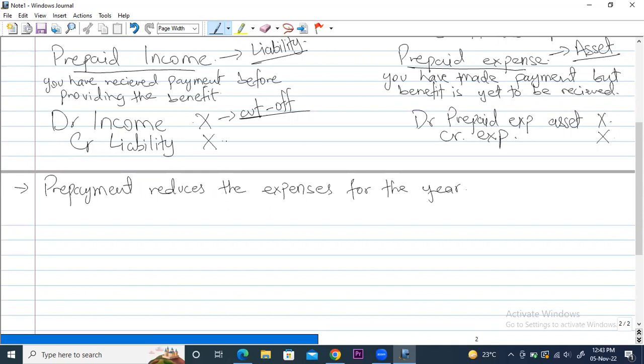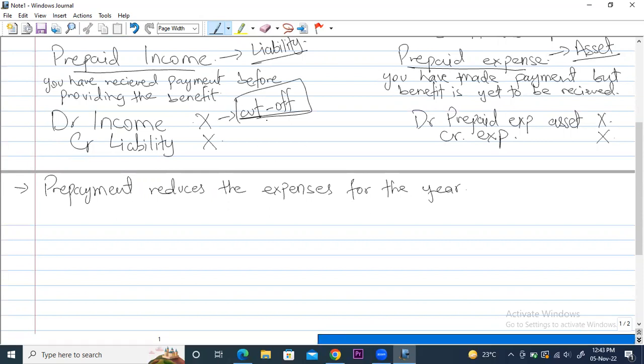That will be a bad effect, a cut off problem. Cut off will just go off from the financial statements, and that is a thing not liked by users. It will unnecessarily decrease the expenses, because if we include the prepayment of next year as well, it will unnecessarily reduce the expenses. We just need to reduce it by 2 months, only November and December.